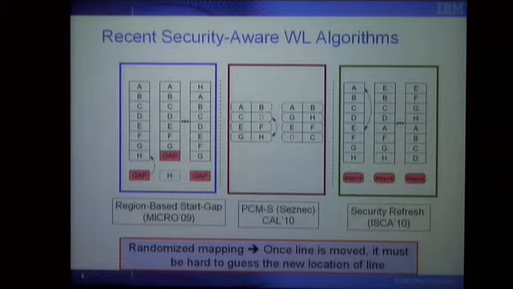There's one more scheme, security refresh, that was introduced in ISCA 2010. So the key commonality in these schemes is randomized wear leveling. Essentially, when a line gets relocated, it should be very difficult for the attacker to find out where the line is. Otherwise, the attacker can just keep writing to the same line again and again.